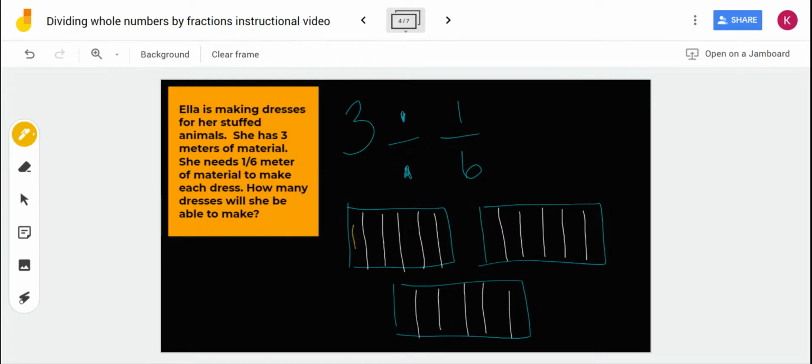So we have 1, 2, 3, 4, 5, 6, 7, 8, 9, 10, 11, 12, 13, 14, 15, 16, 17, 18. So Ella will be able to make 18 dresses.